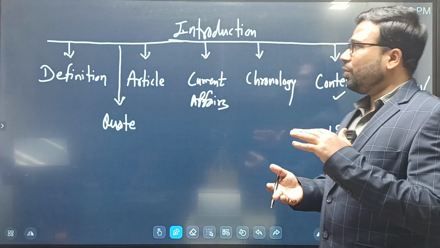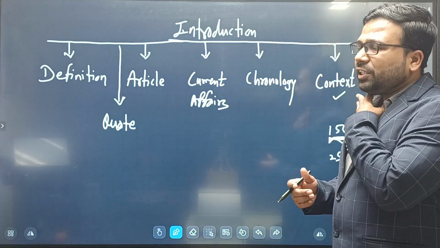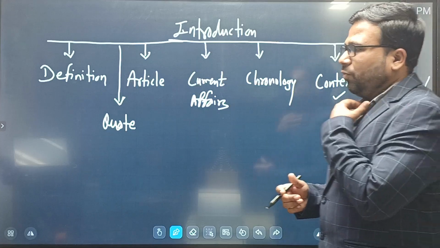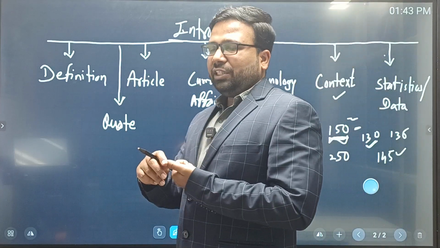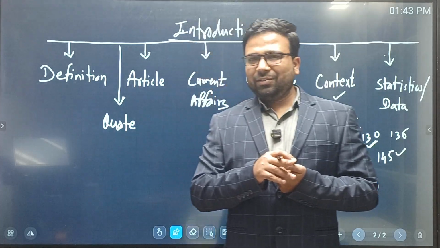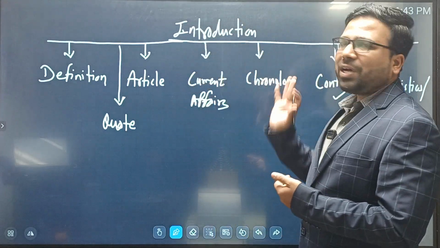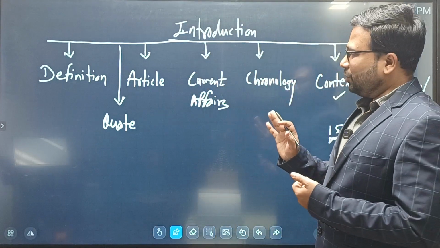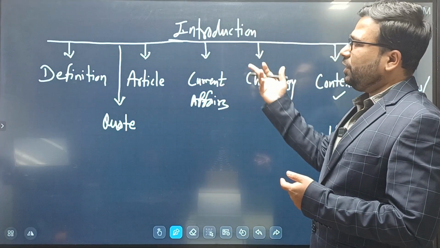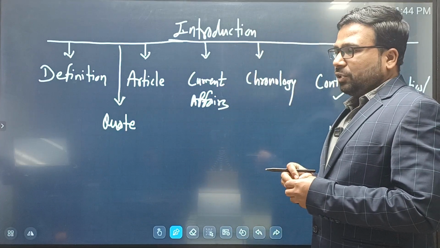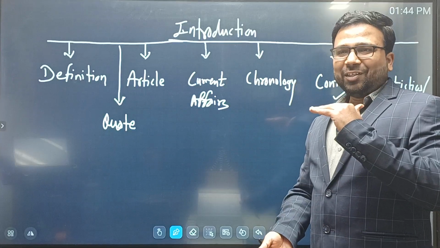Since these are for 1 mark, what we look for in your introduction is whether what you have written is in the context of the question or not. If it is, you get the marks. And when you finish it in 3 or 4 lines, you get more space for the main body.